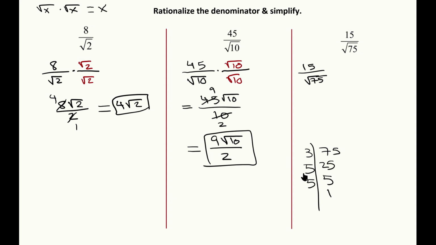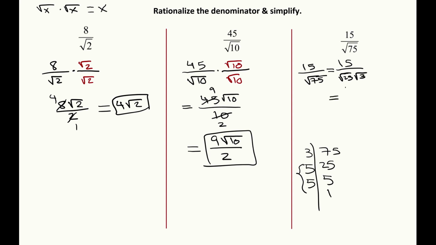So now on the left side you can see the prime factorization of 75. So in fact there is a perfect square hidden inside there. So I'll go ahead and do that first. I will reduce this like this. I'll break up 75 as the square root of 25 times the square root of 3.